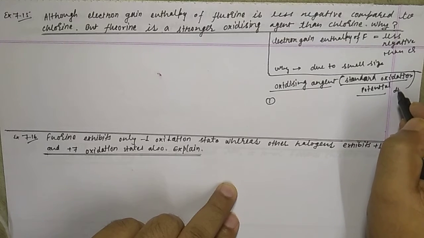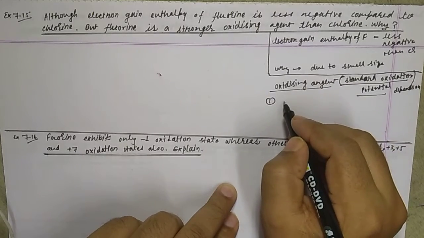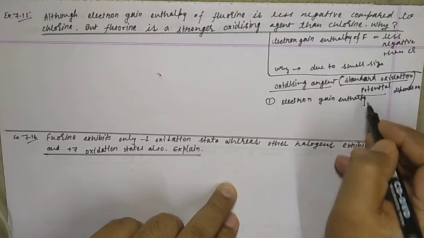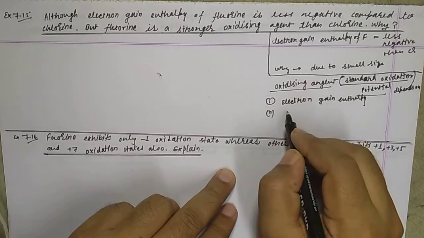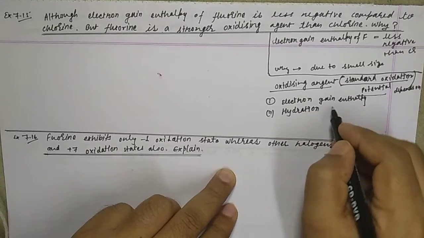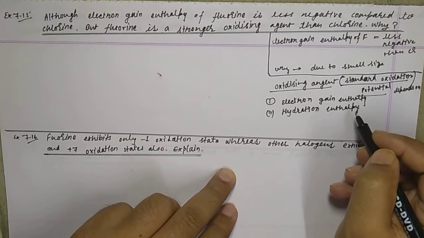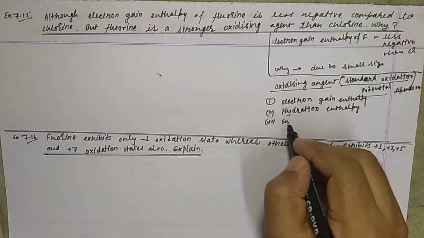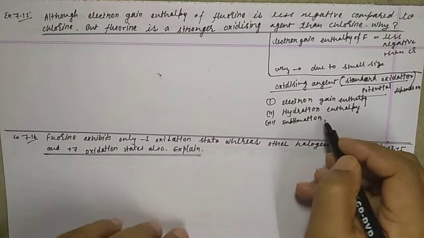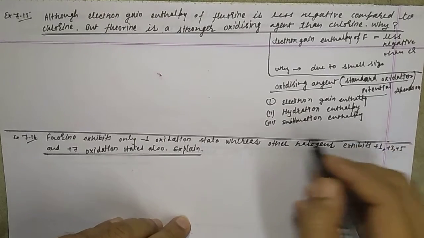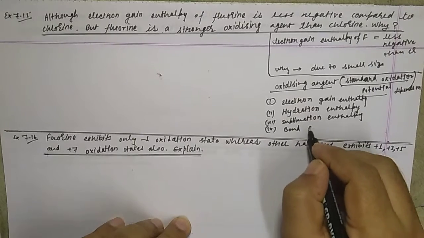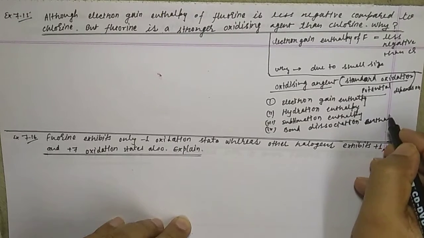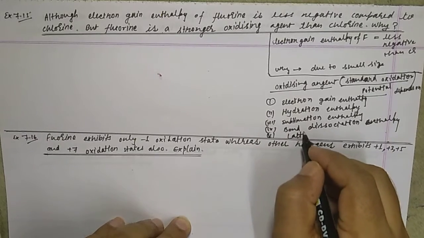Standard oxidation potential depends on, first, electron gain enthalpy; second, hydration enthalpy; third, sublimation enthalpy; fourth, bond dissociation enthalpy; and next, lattice enthalpy.